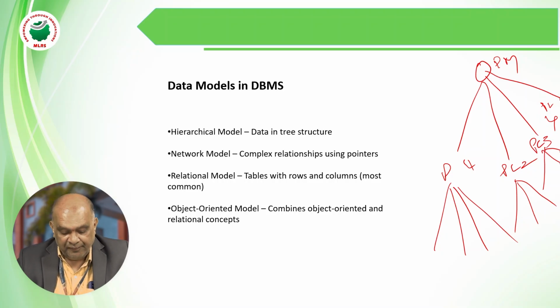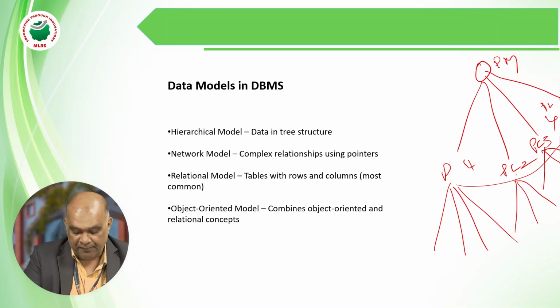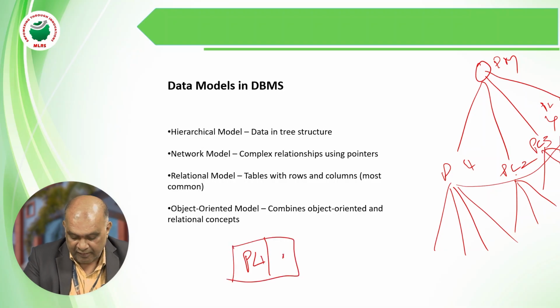Next one is the network model. Now imagine that these 4 project leaders are working on a model which is common to them. So project leader 1 belongs to the finance department.